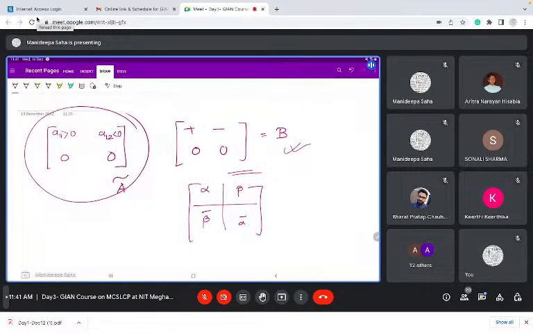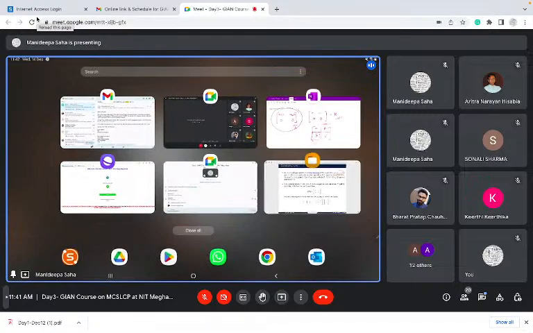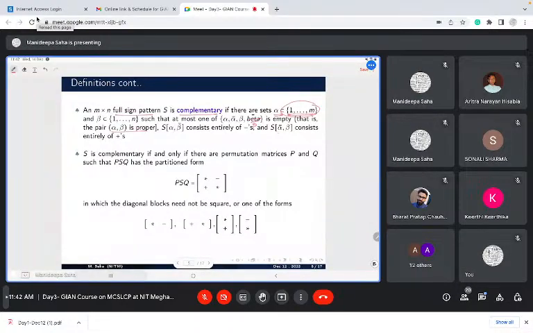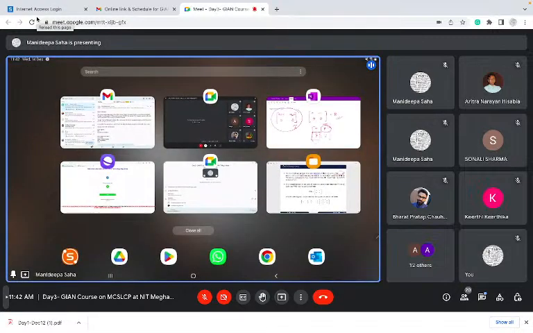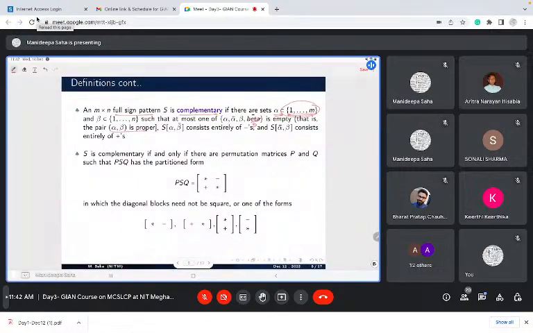So that means this portion, correct? So this submatrix is all negative, all the signs are negative, and this submatrix, alpha bar and beta, consists of all positive. Then that sign pattern should be full, so there should not be any zero. Then that sign pattern, we're calling it complementary.